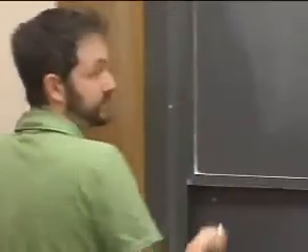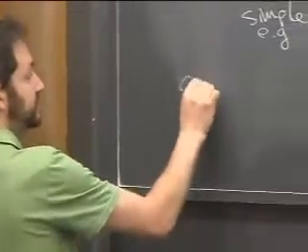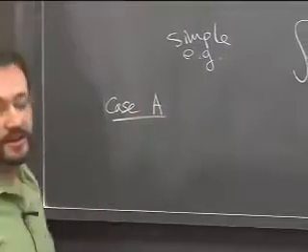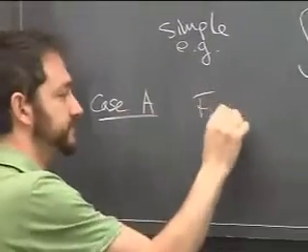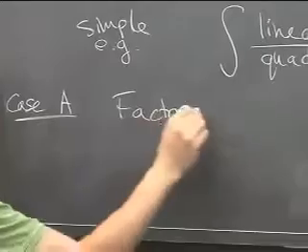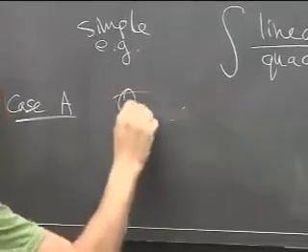Okay, so let's look at how to do this linear over quadratic case. Even that can be a bit of a pain. There's basically two cases. Case A is where the quadratic can be factored.